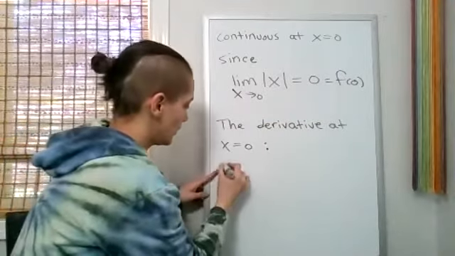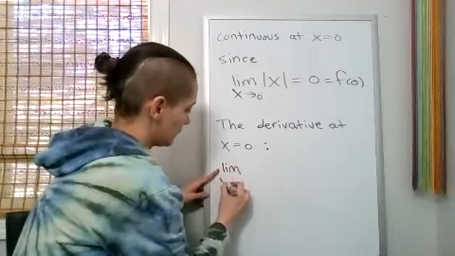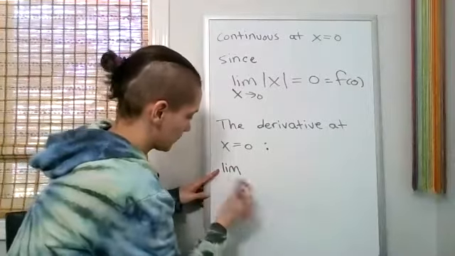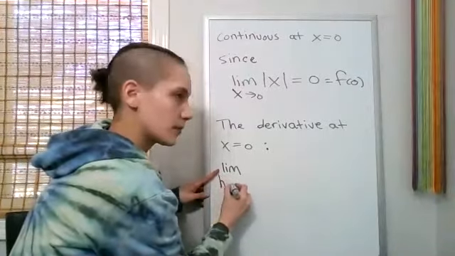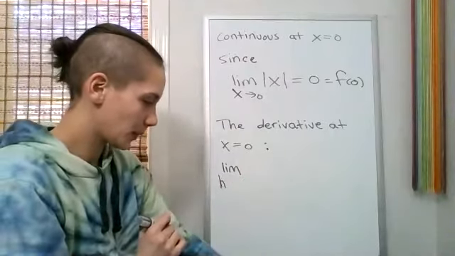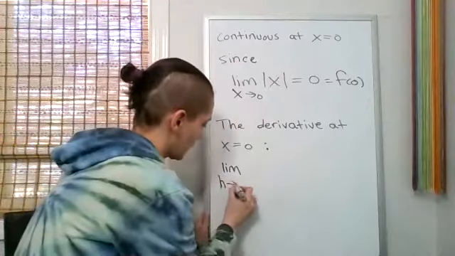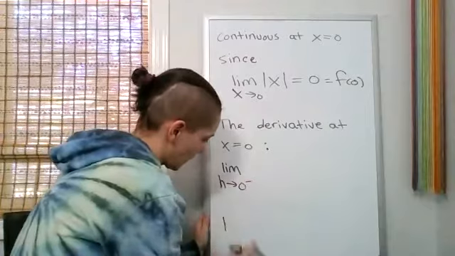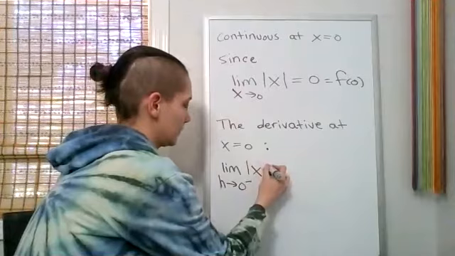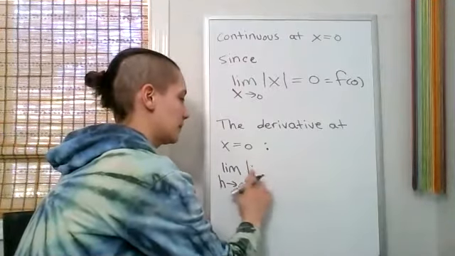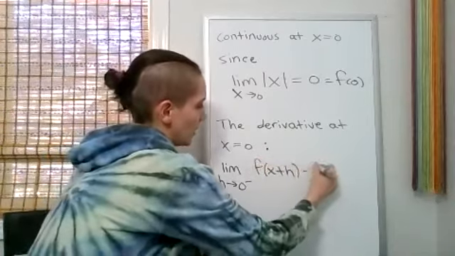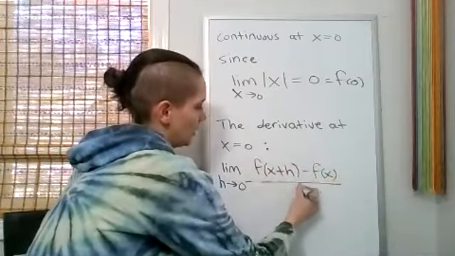So we approach, put h. x plus h, subtract f of x, and it's over h.